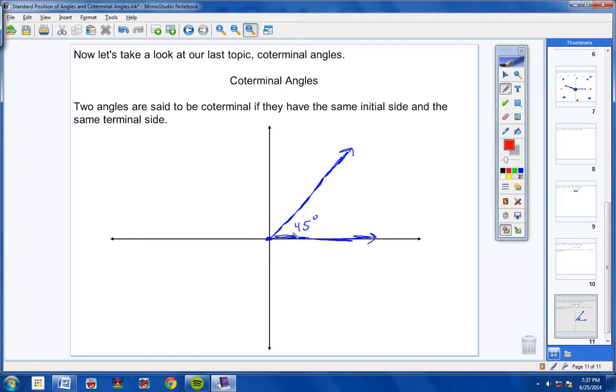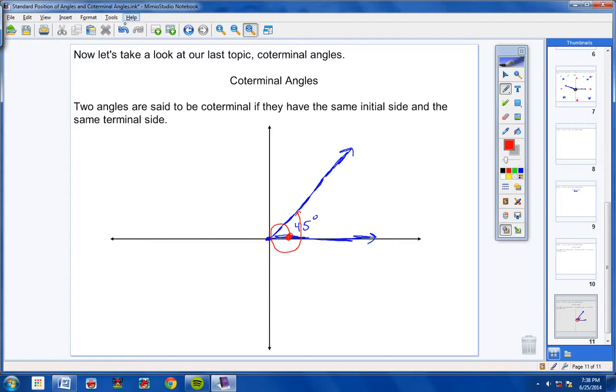That would be 45 degrees, and I'm asking you to find a coterminal angle for 45 degrees. Well, you would have to rotate around once, that's 360, and then go 45 degrees. So that would be 405 degrees.